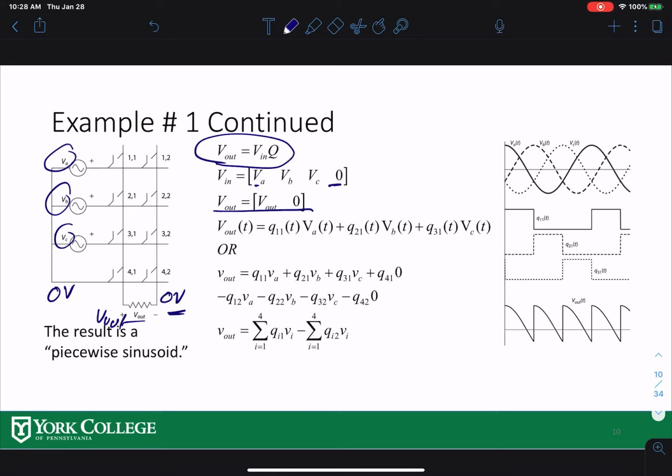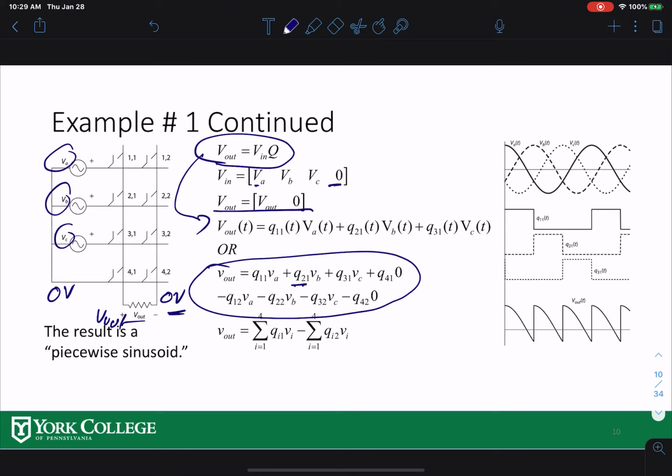So V out, if you do this matrix over here, is Q11 times VA, plus Q21 and so on, and Q31, and the next one is times 0. So you don't have to worry about that, right? Or you can make this big conversion over here, and you see that the Q12, Q22, and Q32 entries are always multiplied by 0, because the voltage is 0 there.